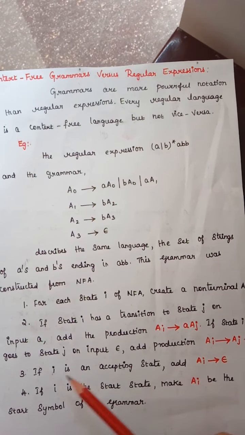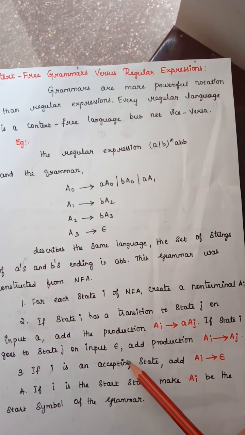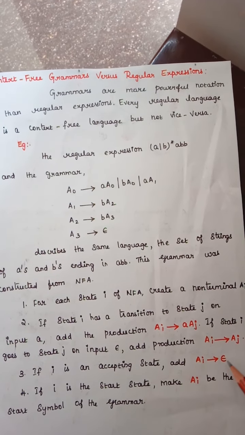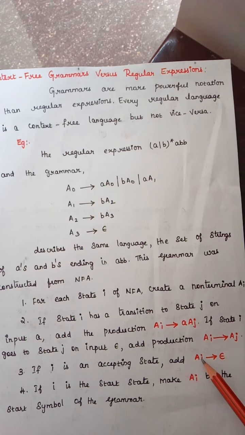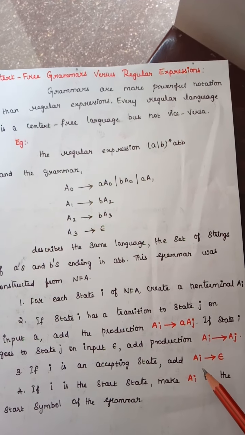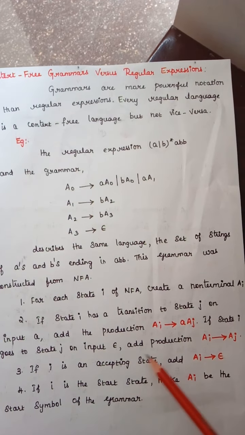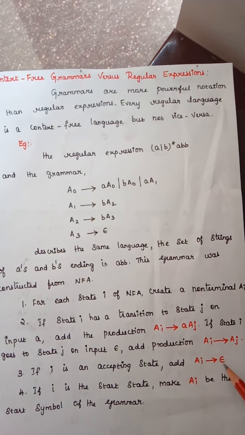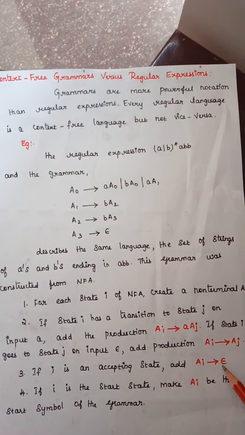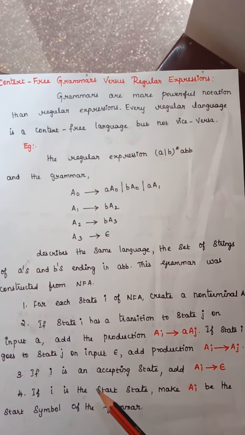Coming to the third rule, if I is an accepting state, that is, a final state, then we add epsilon to the grammar, that is AI derives epsilon.